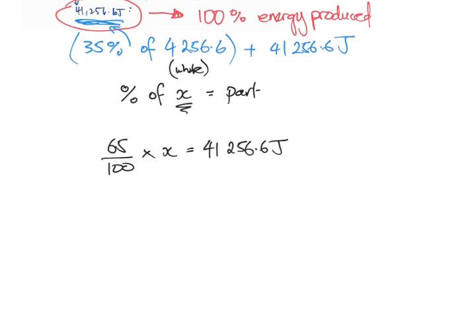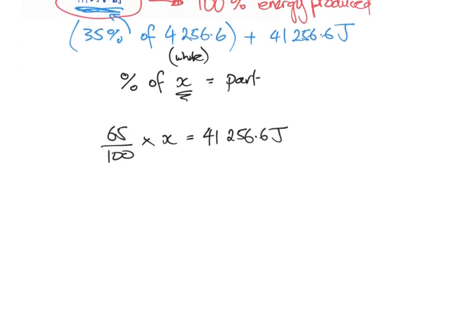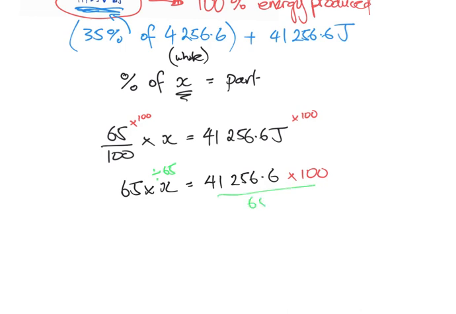To solve for x, we would just multiply both sides by 100 first, and we would get 65 times x equals 41,256.6. I'm just going to keep all of the calculations here for a very good reason. Then we would divide this by 65, so dividing both sides by 65.